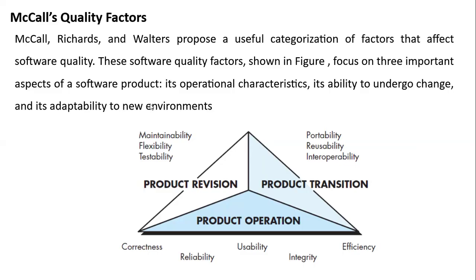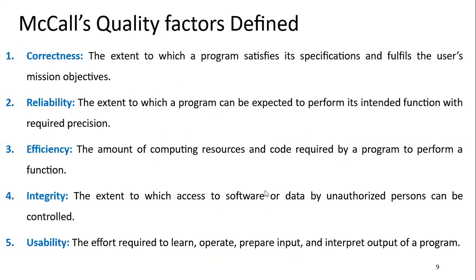These are the three groups of factors: product revision, product transition, and product operation. Okay, we can define those things. The first one is correctness, the extent to which a program satisfies its specification and fulfills the user's mission objectives. Next is reliability, the extent to which a program can be expected to perform its intended function with required precision.